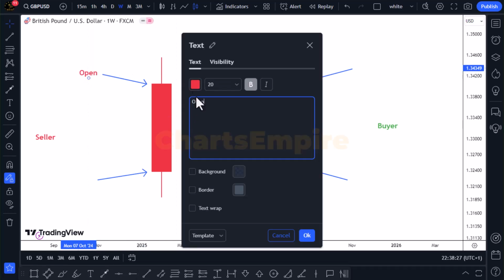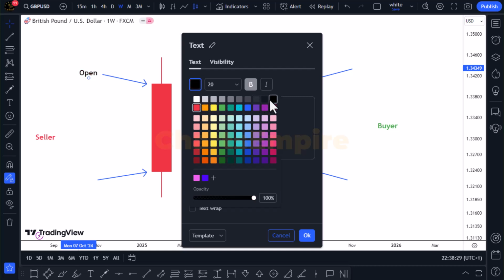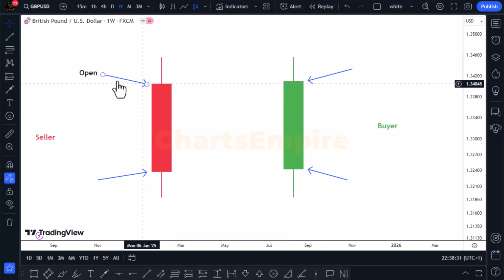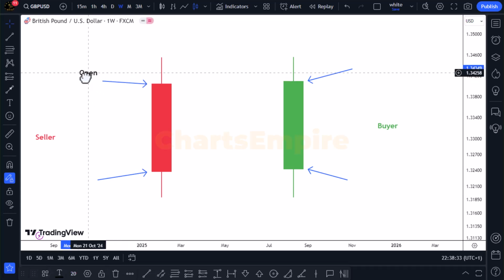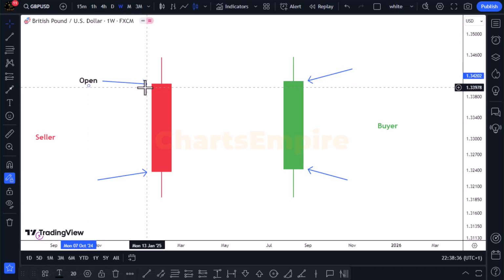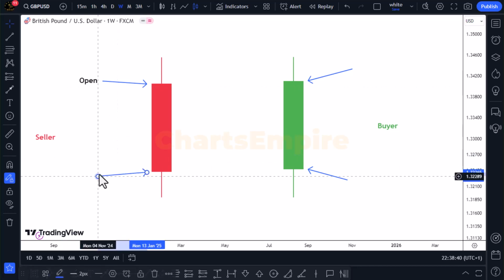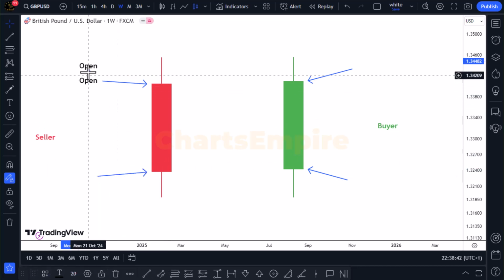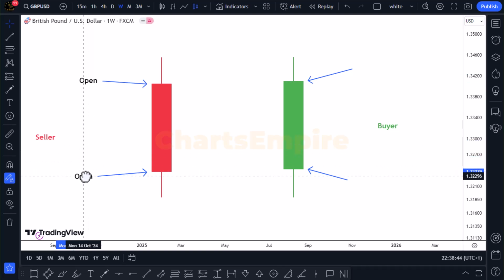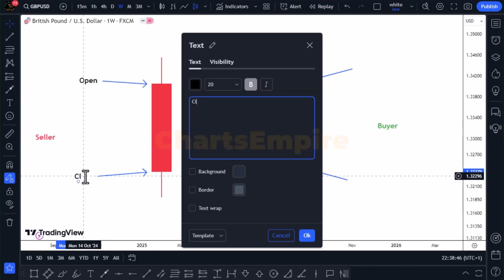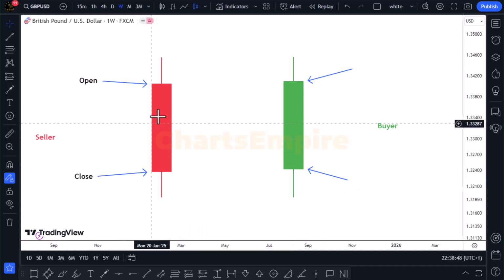We can change this color to be black. This is the open of this bar, and then we have price rally all the way down. Whenever it rallies down and closes at the bottom, what do we call that? We call it a bearish candlestick.